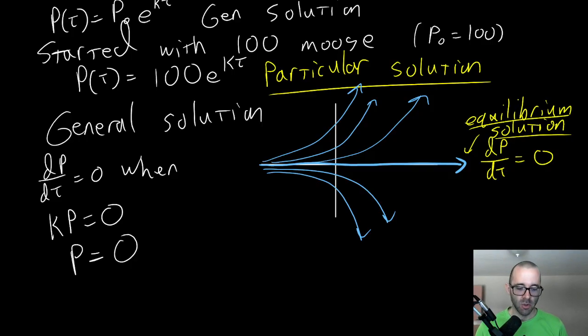Okay, so this is one type of solution. These are analytic solutions. We talked about general solutions and particular solutions. Those are all part of analytically solving a differential equation. All right, until next time, qualitative analysis.